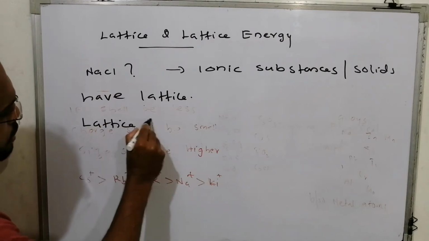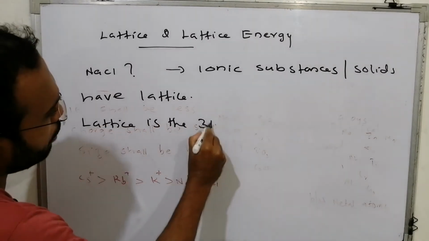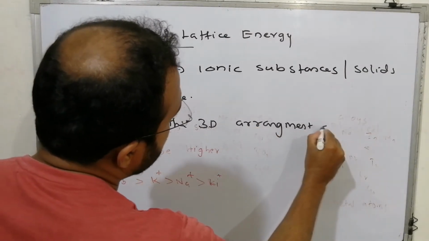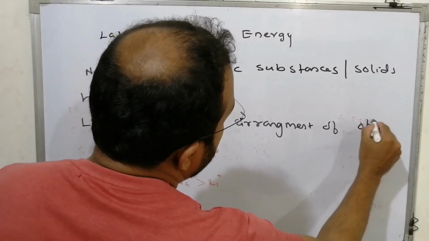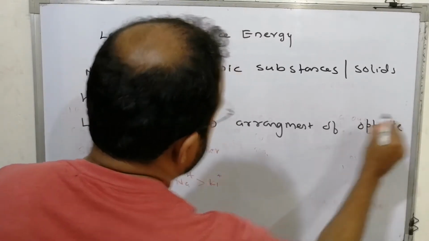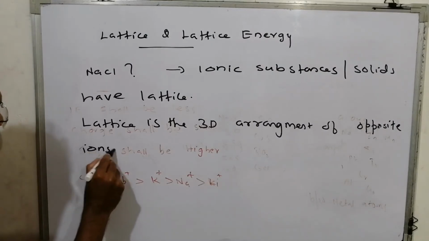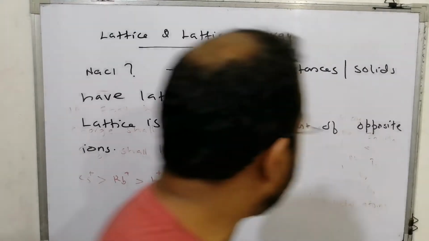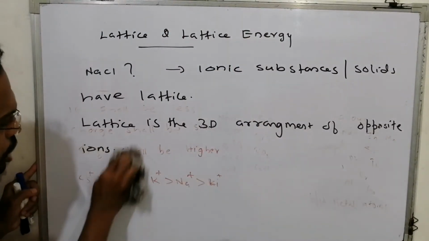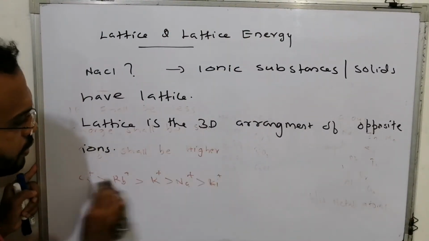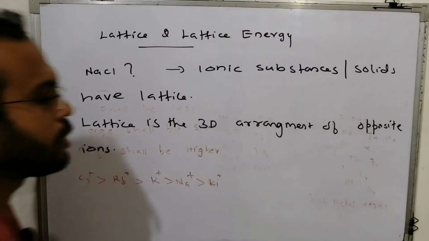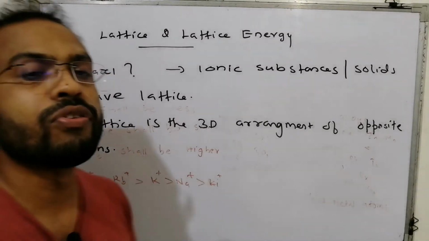Lattice is the three-dimensional arrangement of opposite ions. Therefore, ionic solids exist as a lattice. They are three-dimensional arrangement of opposite ions. Fine.